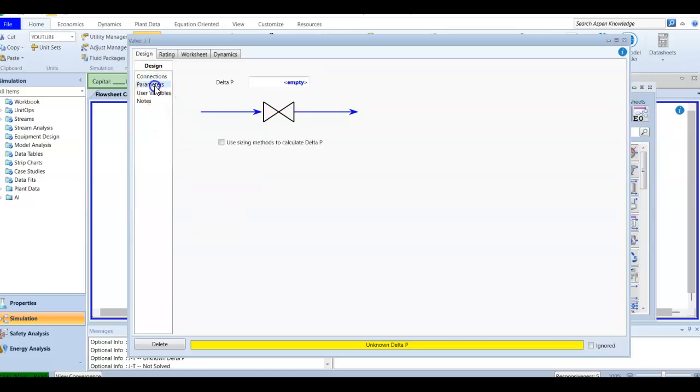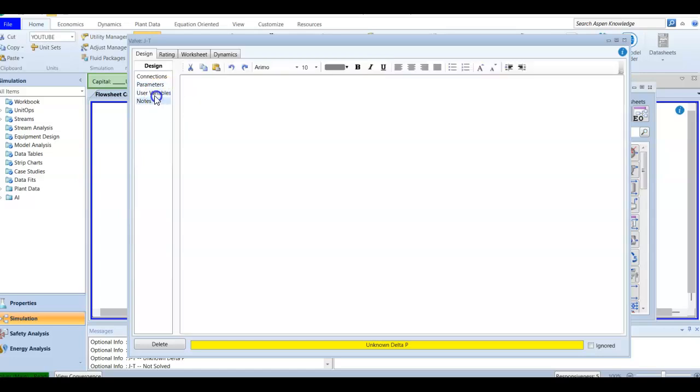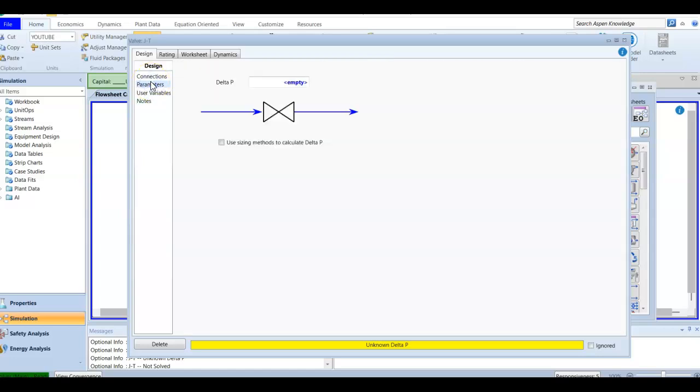After that, in the design, you will find the parameters. The parameters section here is usually asking about the delta P, because the valve usually faces a pressure drop, so the pressure at the outlet will be less than the pressure at the inlet. Okay, so if you have any information about the delta P, you can add it here. This is for the user variables and notes, so we are not using this during our session. You can create your notes only.